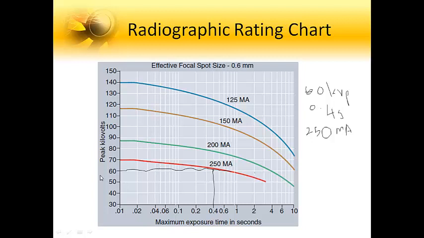Using the same technique, this is 70, and 0.4 seconds. We can see here the intersection is above the red curve, above the 250 mA curve. So this is an unsafe exposure.